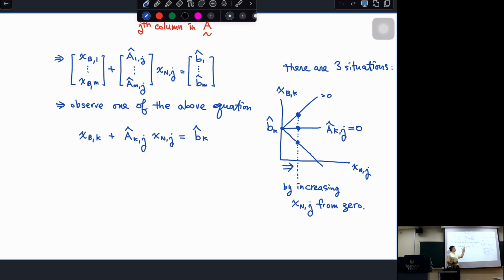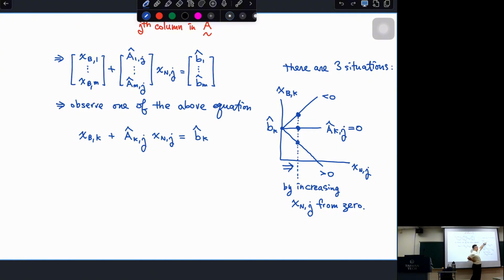So if this is negative, when this is 0 increasing to a positive value, then x_bk will become greater than b hat k. So you can see the value of x_bk will increase. So in the case of negative coefficient, this will happen.